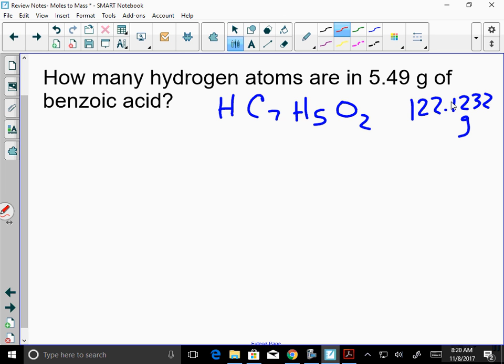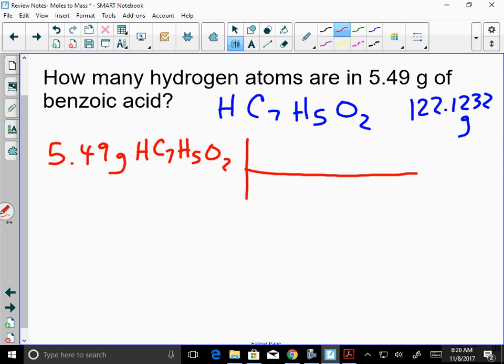converting my mass of benzoic acid into a mole. Okay, so my moles of benzoic acid.